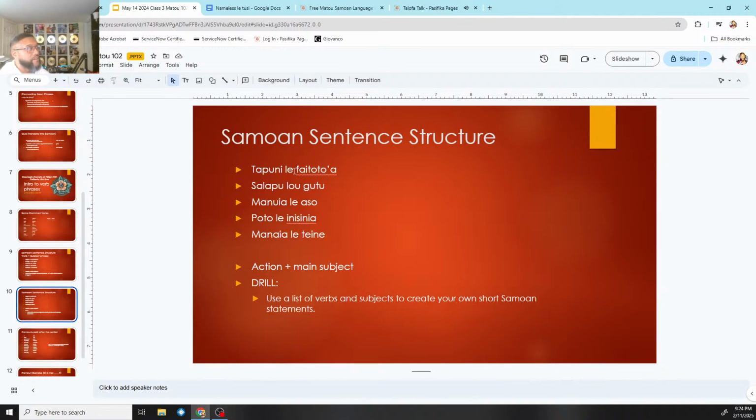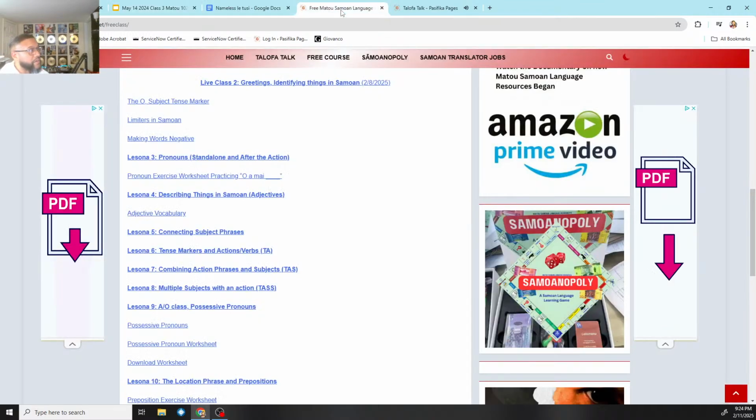In terms of drills, something that will really lay this down for you is to get a bunch of action words or verbs, Samoan verbs. Again, get them from a book. You can make your own with Google Translate or whatever, or go to the free class link that we talked about earlier.